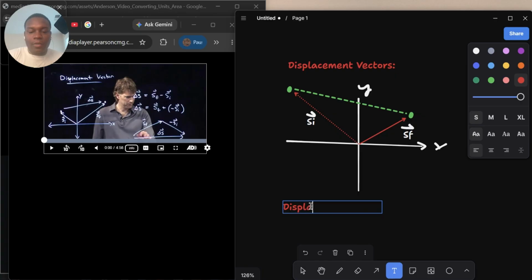So displacement equals a vector final minus the vector initial. And it's super simple, but this triangle here is delta, and that's just the Greek symbol for change.